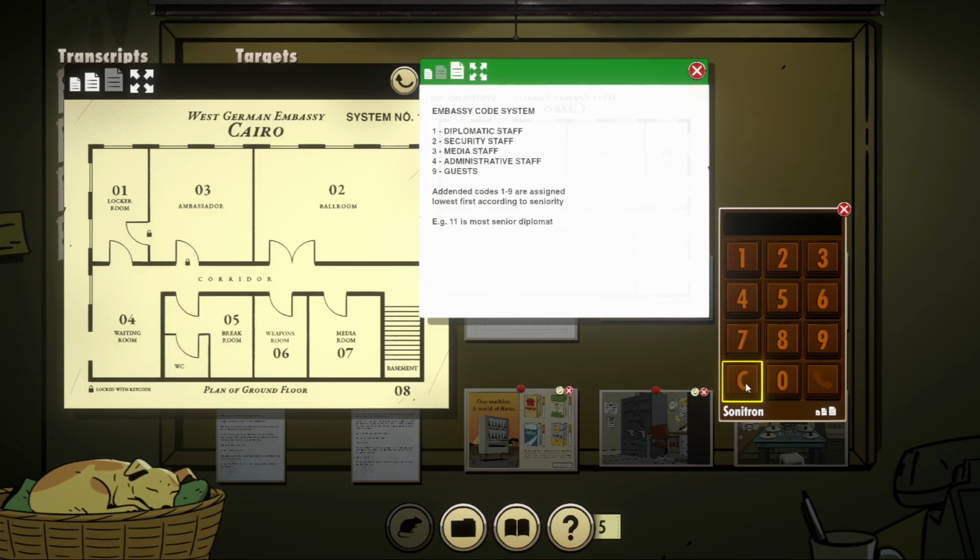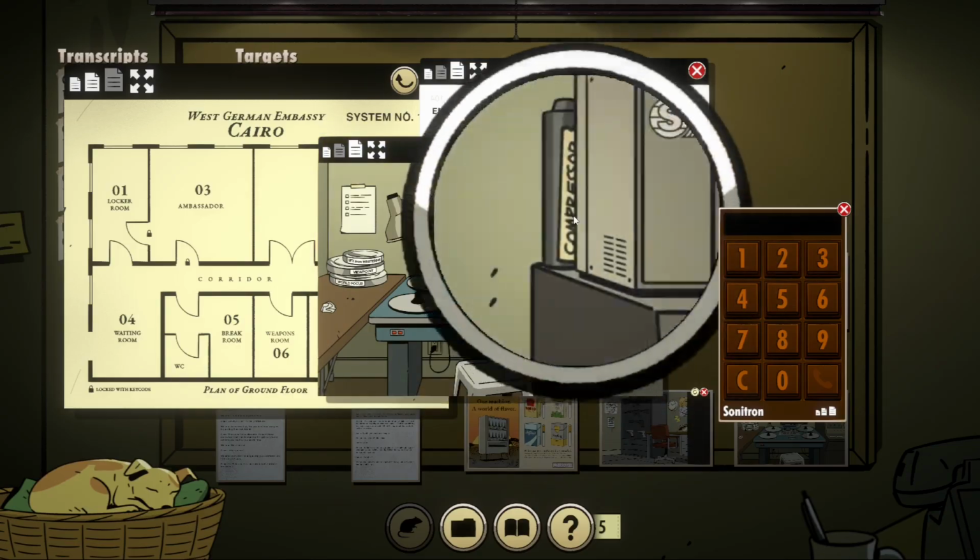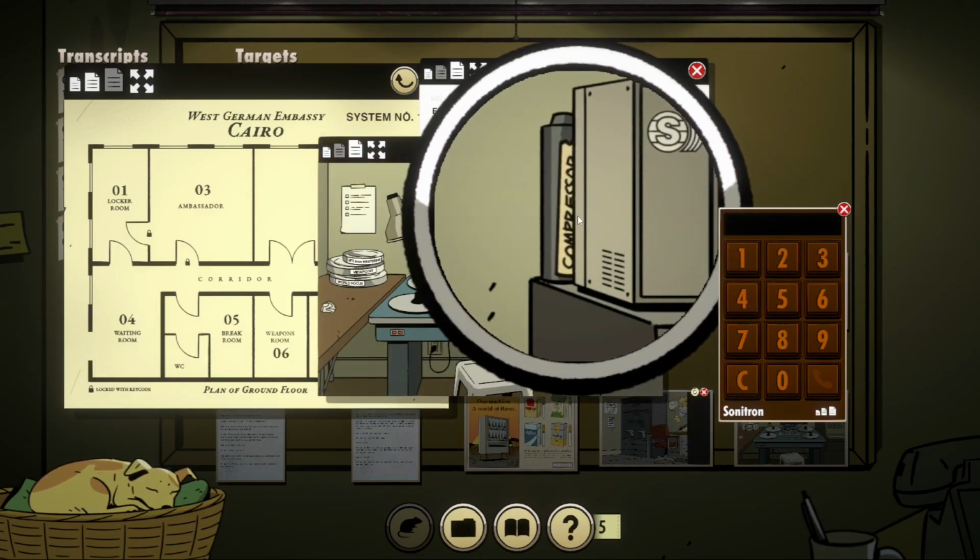It was in the break room. I wanted something from his locker, though. Could there be more than one? Sorry. What is that?